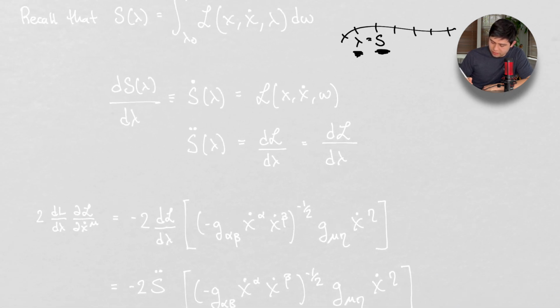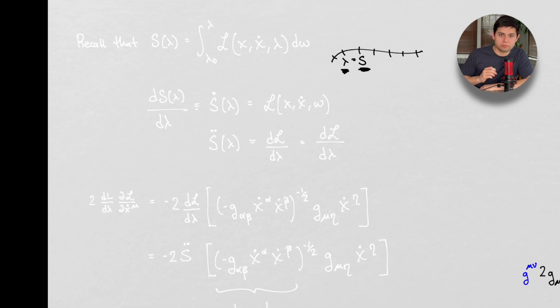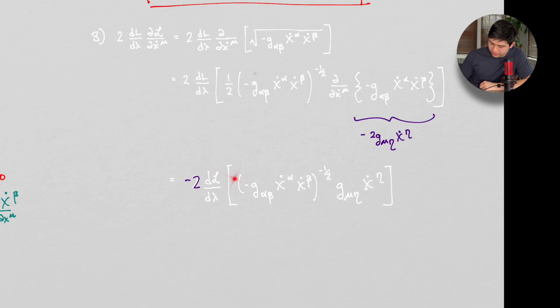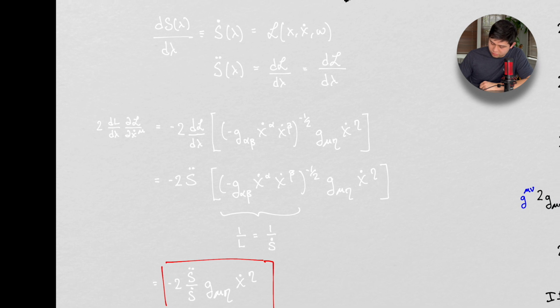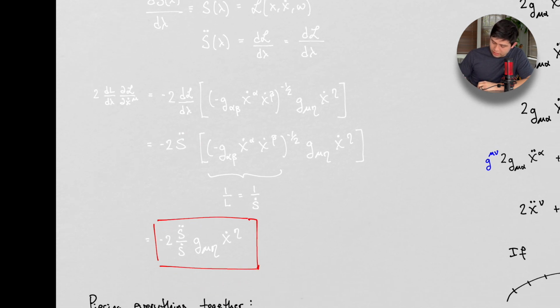We're going to see how that plays a role when we start putting pieces together here. But using the fundamental theorem of calculus, we get this. Okay, so if we take the double derivative now, we get this, and you can see now why we didn't do anything with this guy, right? Because now we can just plug in here our double derivative of the action, and this is 1 over L, right?